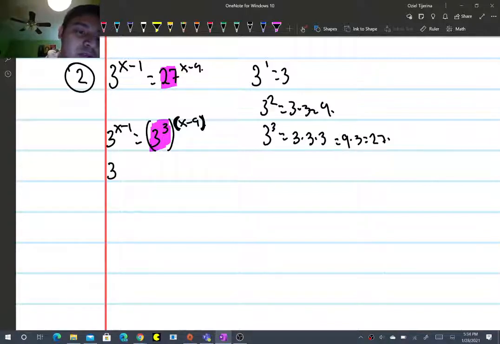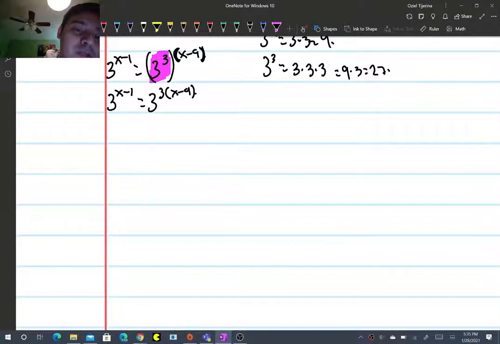So we will have 3 to the x minus 1 equals 3 to the 3 times the quantity x minus 9. Now that you have your bases equal, these are your bases, so they're both equal.